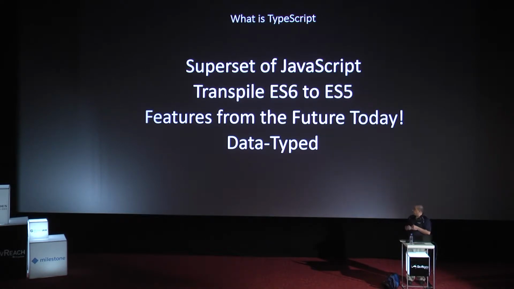Like I said, you get a lot of features from tomorrow, but the best thing about it is that it's data typed. When you're explicitly typing your code, as we'll see in a little bit, the compiler behind the scenes is doing the checking. The JavaScript that actually gets generated is the same JavaScript that you would have seen before.